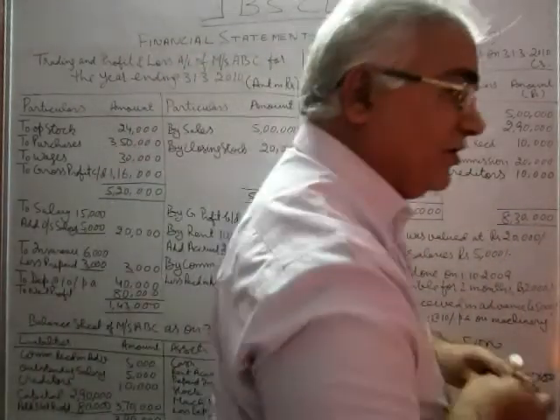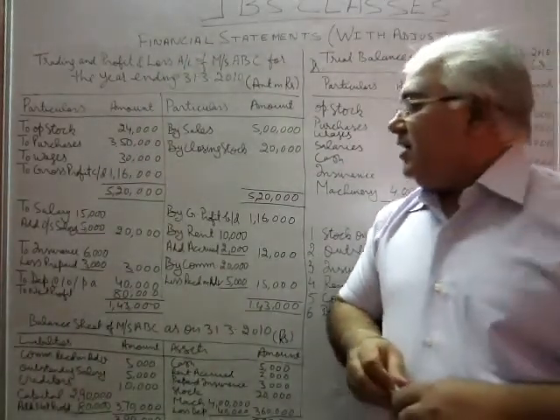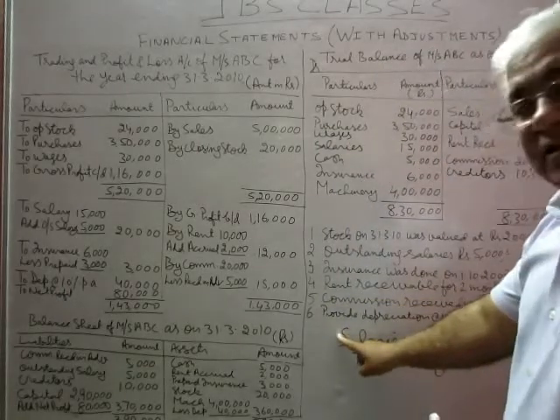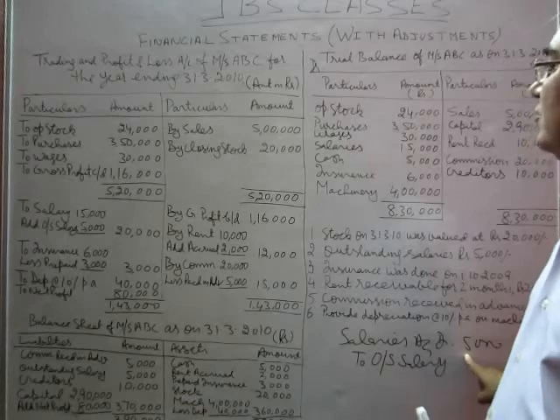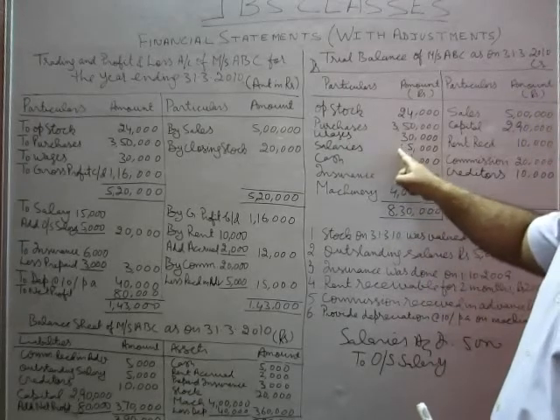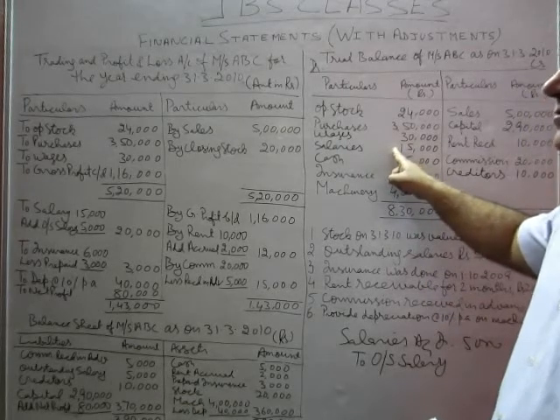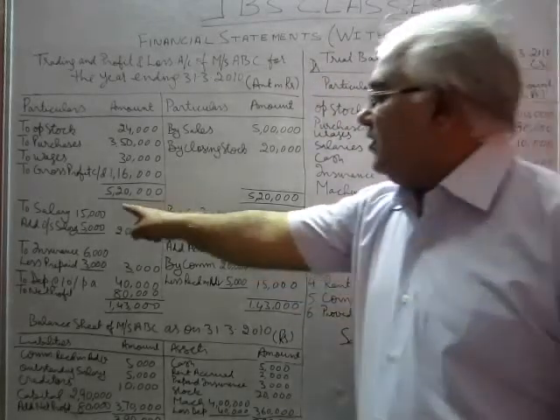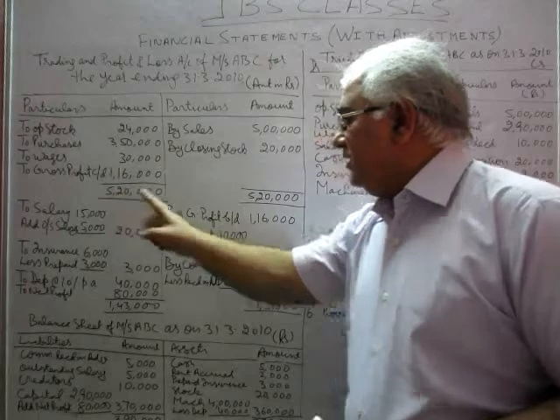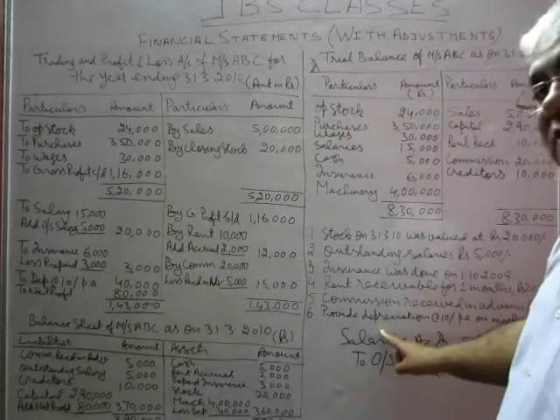Now, what will be its effect? You see, this increases the amount of salaries in the profit and loss account. Here, salaries are in the trial balance 15,000. But while preparing profit and loss account, we have taken salaries 15,000, and this salaries account has been debited.